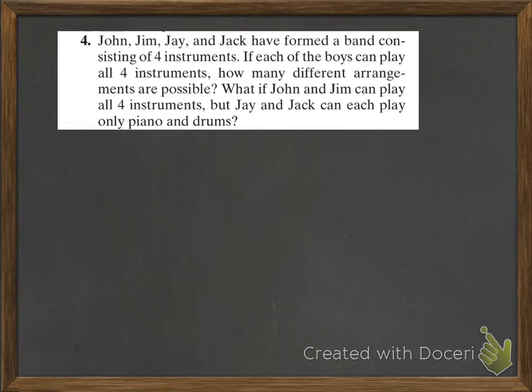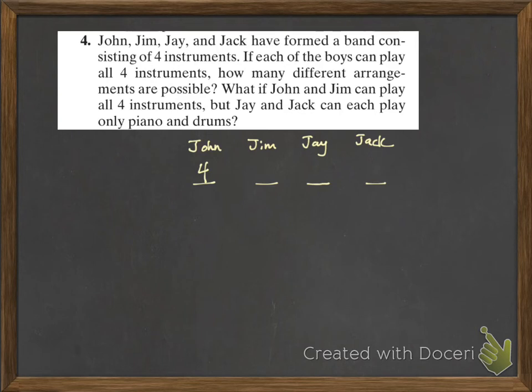So what we're really saying here is that, well, let's line them up. First of all, we can line up our order that's imposed, and that's by the names of these people. So our order is really the assignment to a particular person. So if they can all play any of the instruments, and presumably they each only play one and everybody plays one, then John has 4 choices at the beginning.